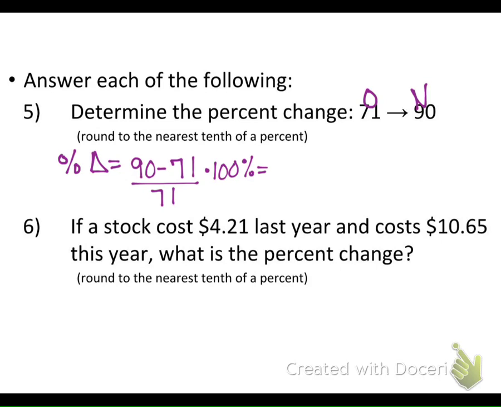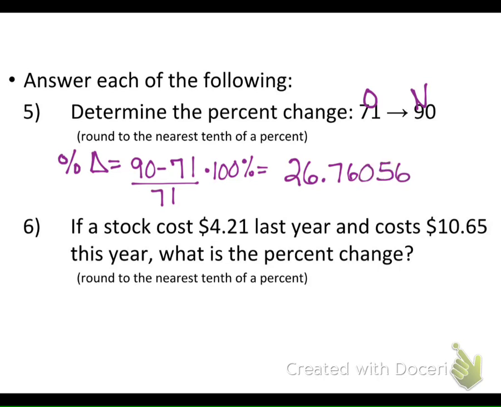Okay, so watch me. We're going to take 90 minus 71 equals, divided by 71 equals, times 100 equals. And we get what? What'd you guys get? 26.76056.